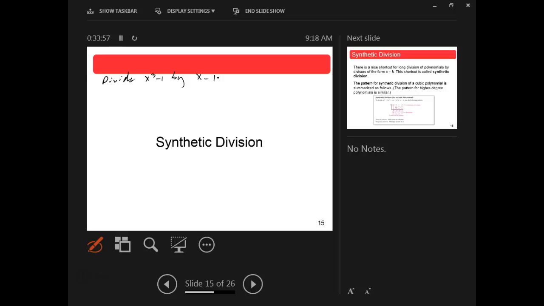And if they don't give me a graph, how do I know x minus 2? By the graph, it looks like 2 is a zero. So x equals 2 is a solution. If x equals 2 is a solution, x minus 2 has to be a factor. So that's how you choose that.